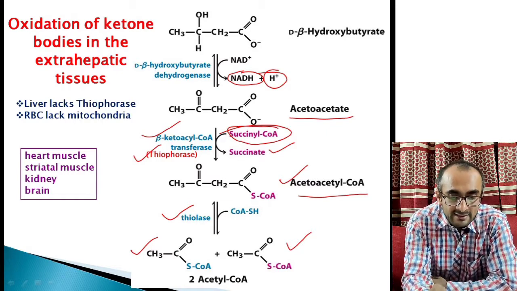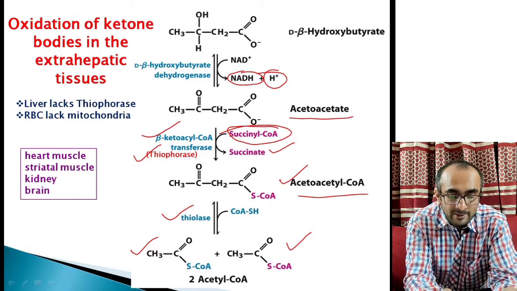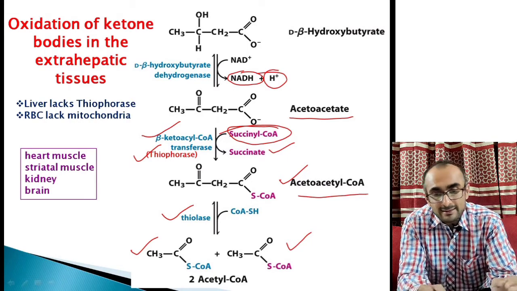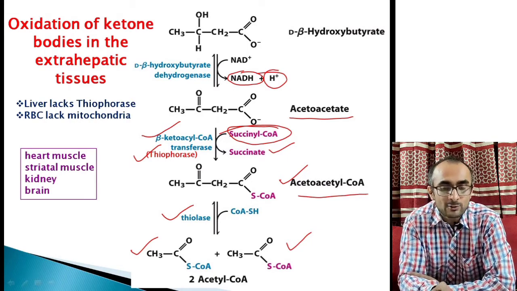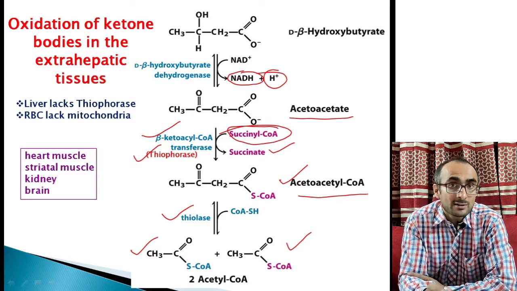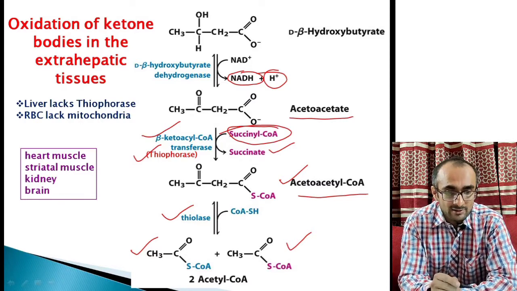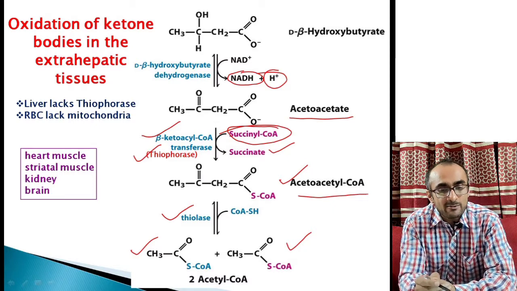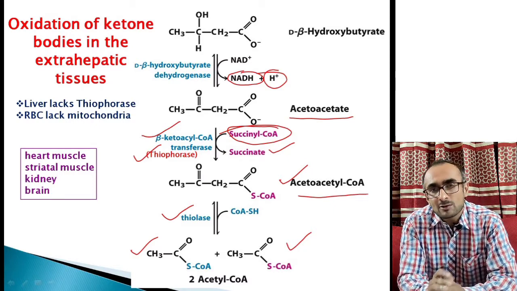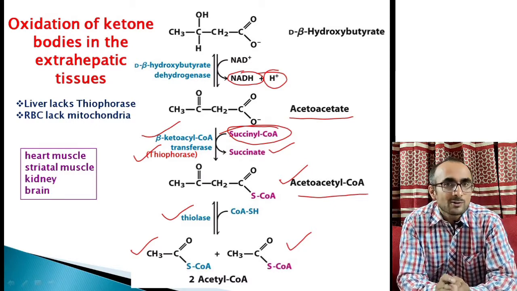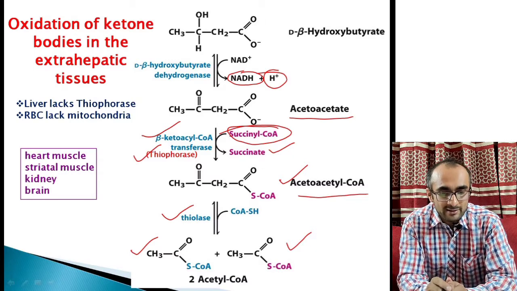Liver cells do not have the thiophorase enzyme, so liver cells can only synthesize ketone bodies. They cannot use ketone bodies for energy production. Similarly, RBCs lack mitochondria, so they also cannot use ketone bodies for the production of energy.